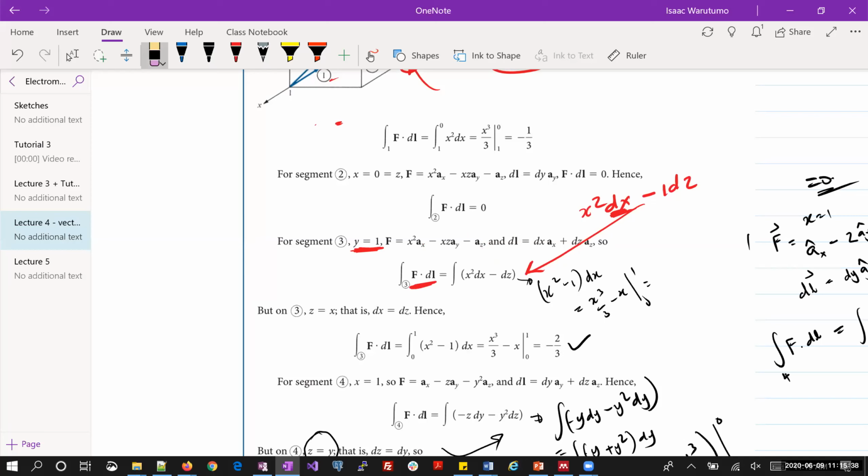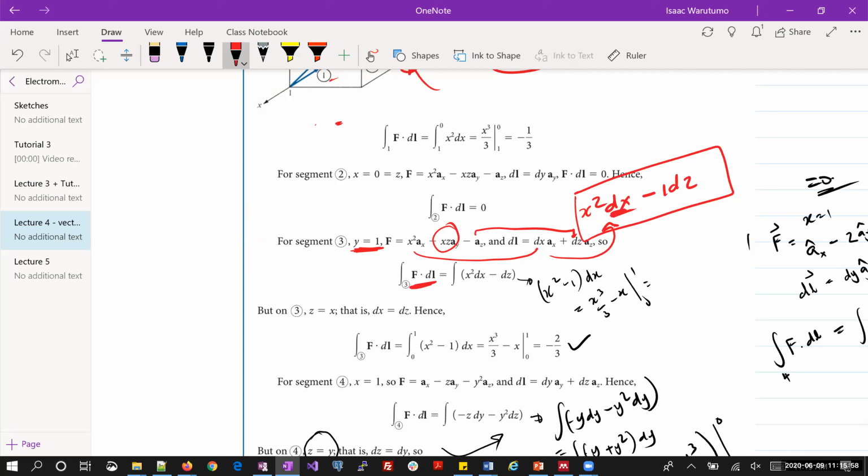I have illustrated how we are getting this. And in case you have any problem, you can always ask, because you're doing this, this one is not there because we don't have the ay product. You do the dot of this and that, it becomes x squared dx. And then you have the dot of this, which becomes minus 1 dz.